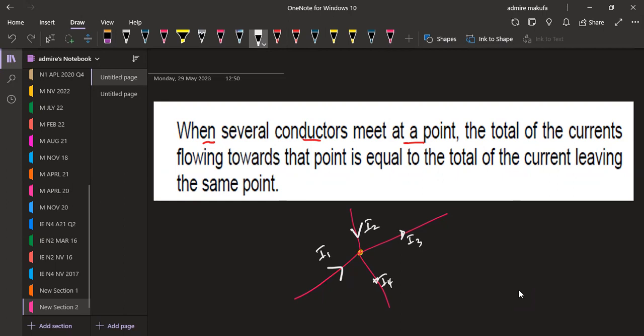If these currents are combined, everything must be equal to zero. But we can say the two currents entering, I1 plus I2, must give us the currents which are leaving, pointing outside, that is I3 plus I4.